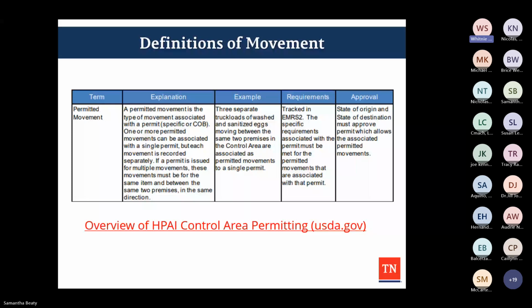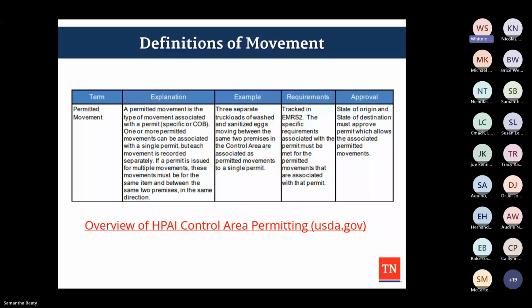And just going over the definition of a permitted movement. It's really anything that's going into, out of, or within a control area. Each movement can be permitted, or we can do a single permit for multiple movements if it's going to be the same type of movement, so the same product, going between the same two places. For example, for feed delivery, or maybe you're going to move some eggs, but it's going to take several different loads, but it's going between the same two places.